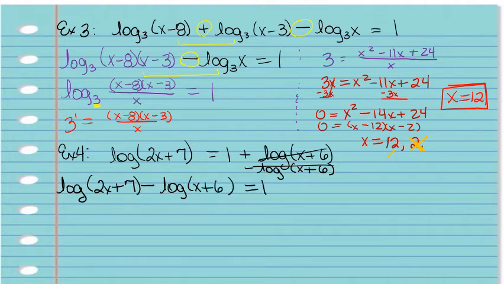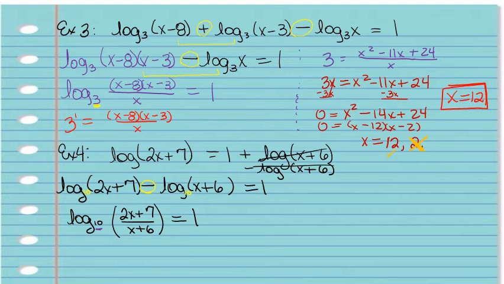Now, I must know what my base is. So let's look. This is base 10. It's not written there. You have to know that. Alright? And then the minus, I can put these together using the division again. So I have 2x plus 7 over x plus 6. And this is equal to 1.